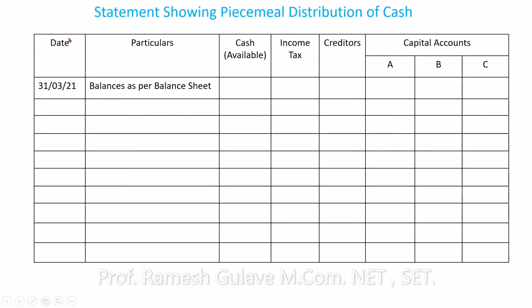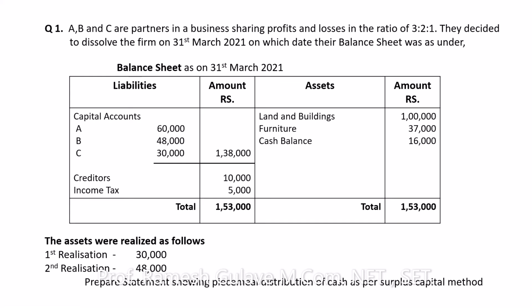So here we can see that the first column is for the date, then the second column is for particulars, and then the third column is for cash available. Okay, so these first three columns are fixed. First column we have to prepare for date, second for particulars, and third column is for cash balance or available cash. And then we have to make columns as per the liability. So in our current question, we have only three liabilities.